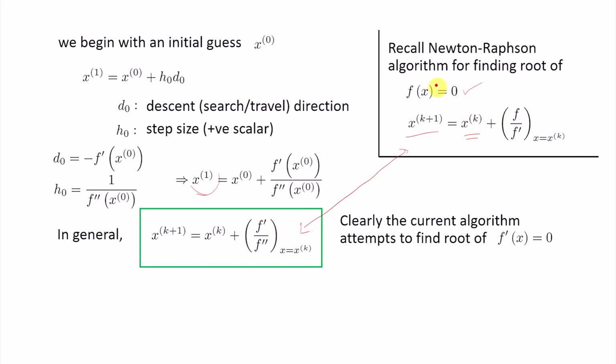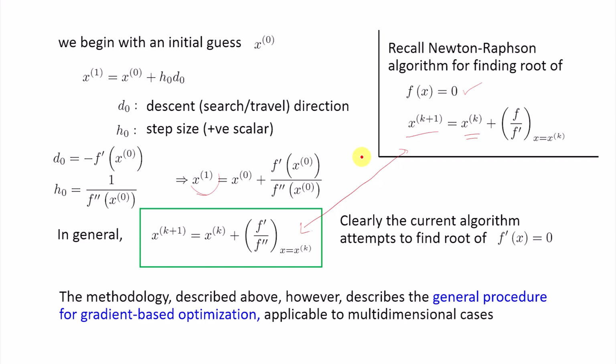The usual root finding algorithm finds the root of fx equals 0. This is the only difference. So you may be wondering why we are discussing this once again. We are discussing this once again because this idea of picking a direction and picking a step size and then iteratively going toward the optimum point is a very, very general procedure, and this is the procedure we are going to use in multidimensional cases.